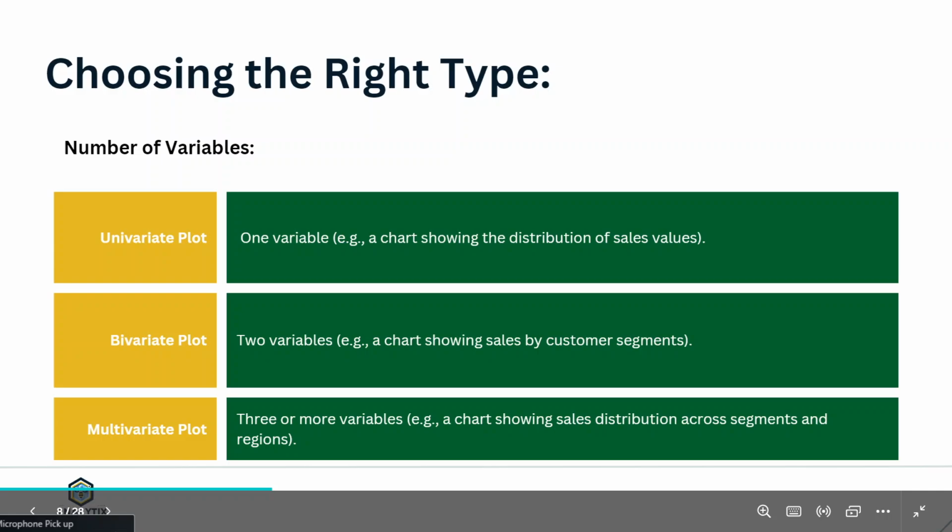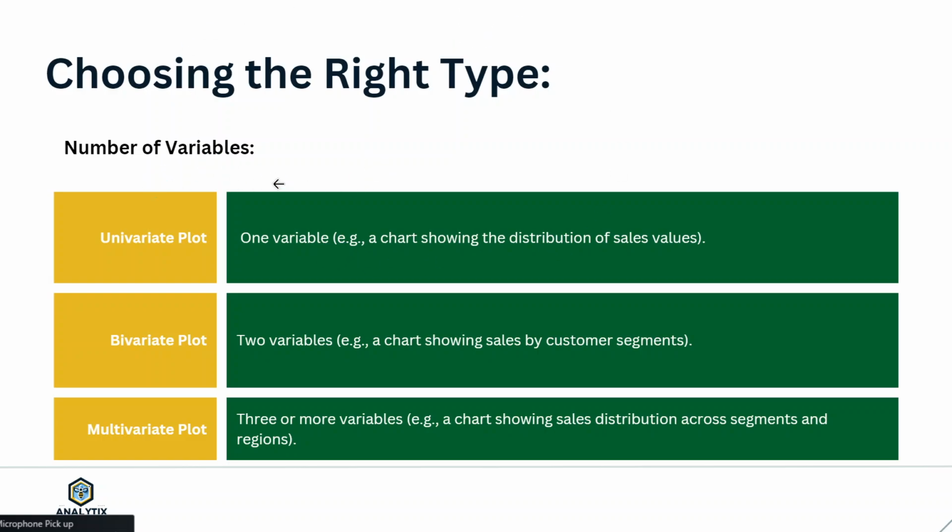So the number of variables you want to visualize can also determine the choice. And in this, we have three different possible outcomes. It's either you are visualizing a single variable, in the sense that it's just one column of data, maybe only the sales. You want to see the different clusters in your sales. In that case, it's referred to as univariate, right? Uni, as we all know, means single or singular.